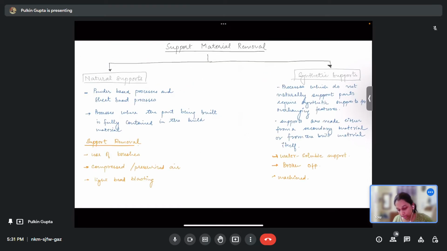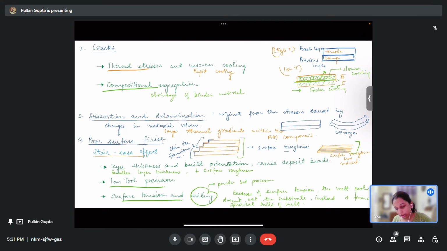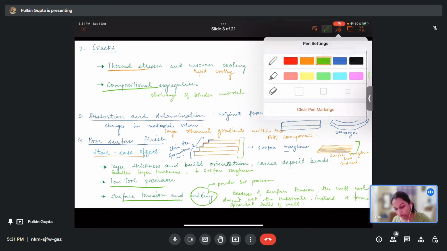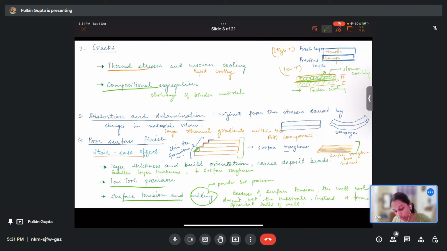So let me show. Here, the paint will just go and sit in these spaces and form a smooth surface. Because of the viscous forces, it will just stay here.